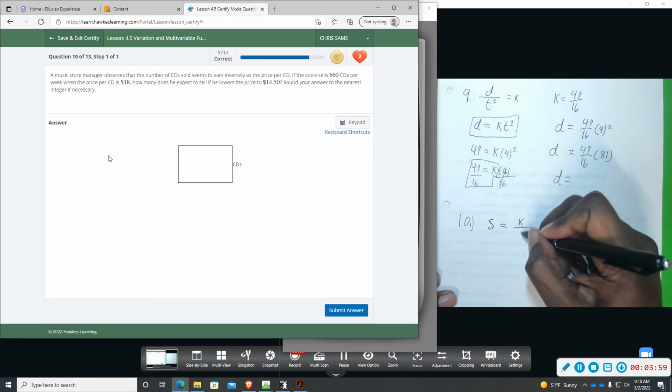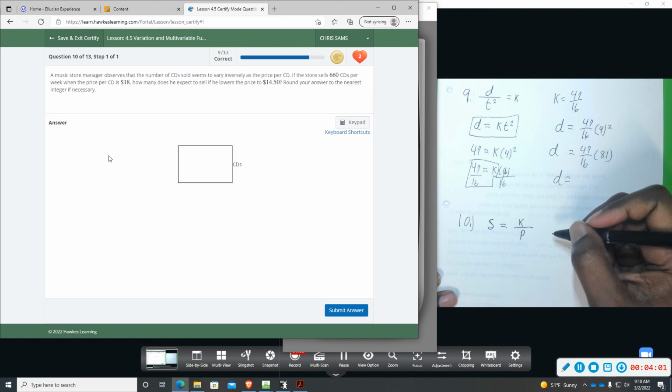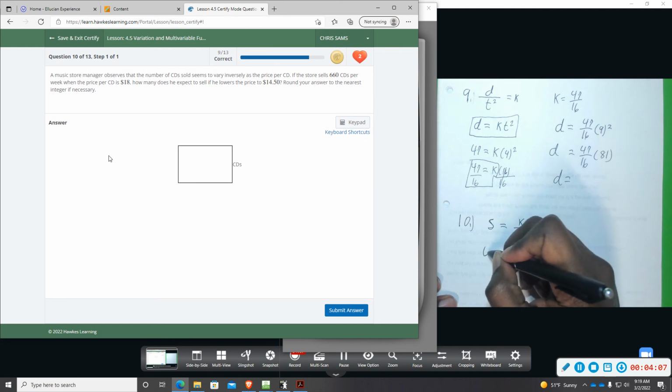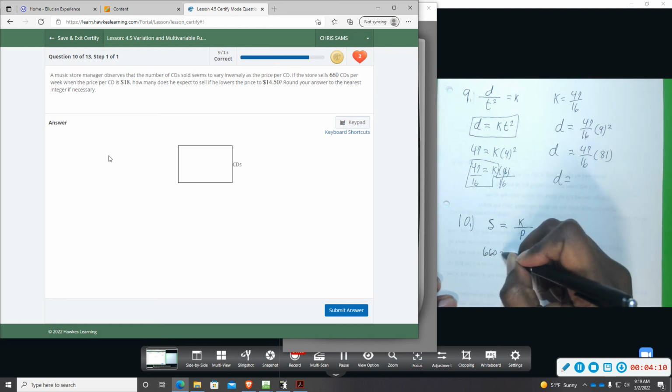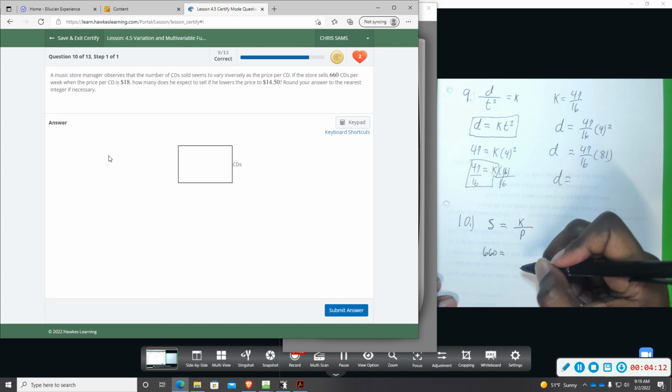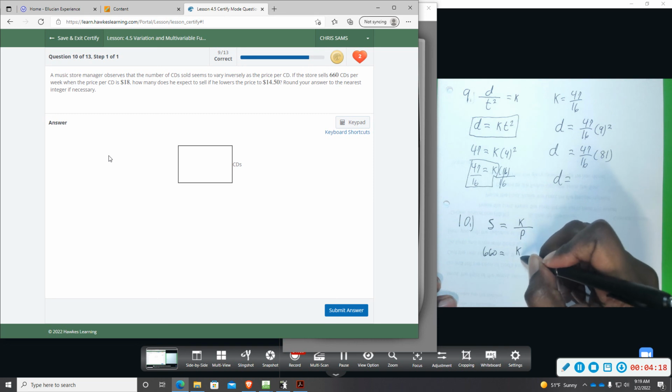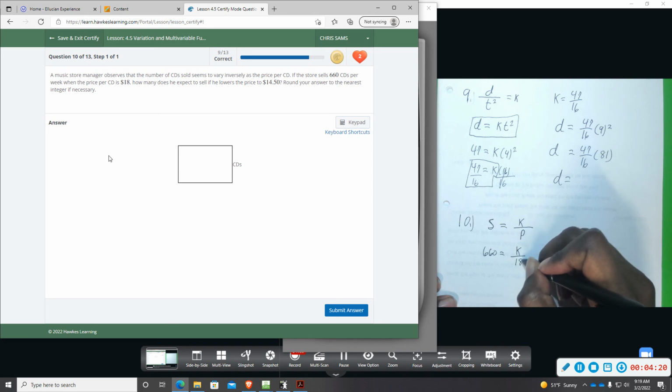I'm going to put P for price. If the store sells 660 within a week, the price is 18. So that is 660 equals K over 18.